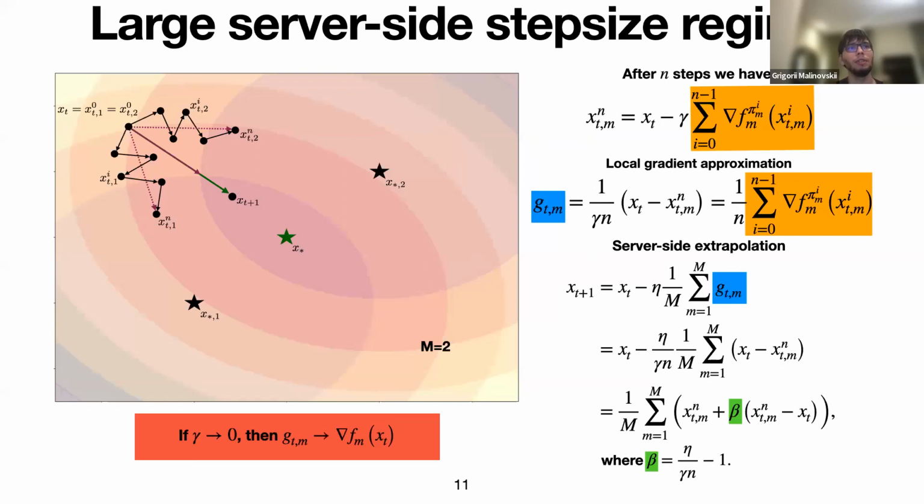And if we consider the extreme case when gamma is arbitrarily small, we will obtain just simple distributed gradient descent. Because let's look at g_t^m. If gamma goes to 0, g_t^m goes to nabla f_m at x_t.